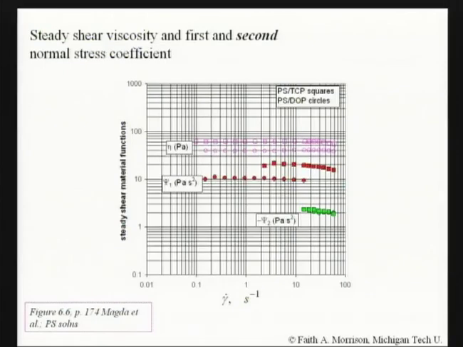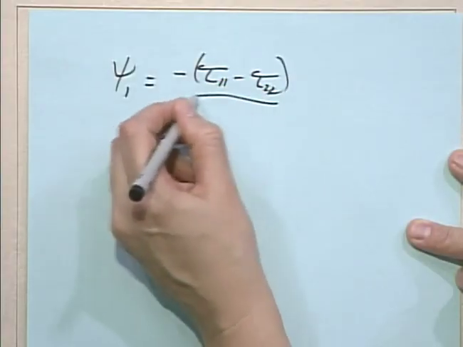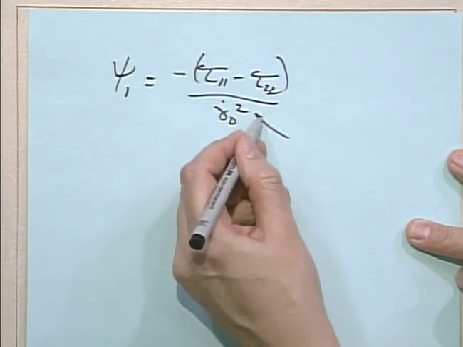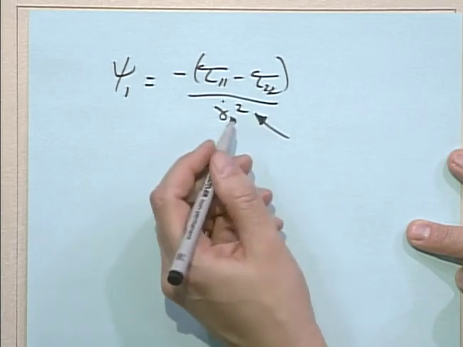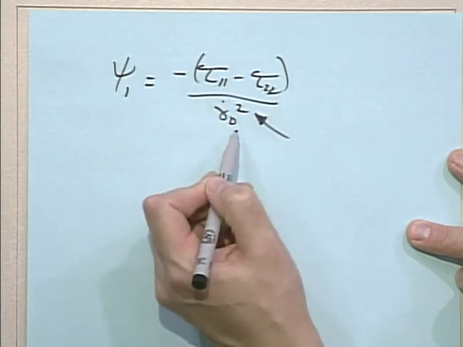As I pointed out previously, when we defined the normal stress coefficient, it's defined as psi 1 is equal to minus (tau 1 minus tau 2) over gamma dot naught squared. And I pointed out that the reason it's squared is because typically tau 1 minus tau 2 goes like gamma dot squared.